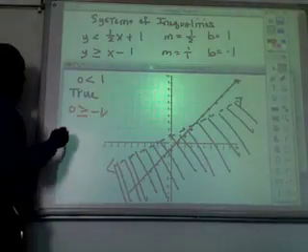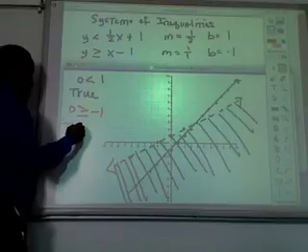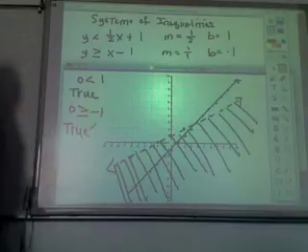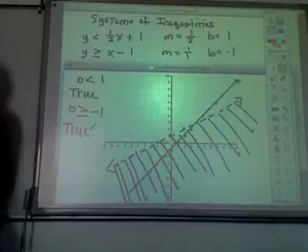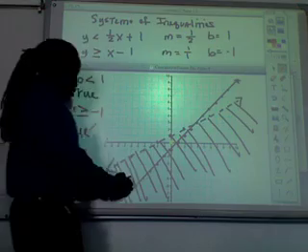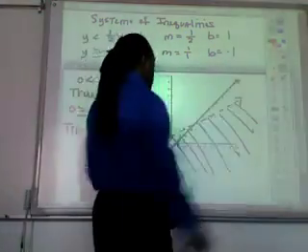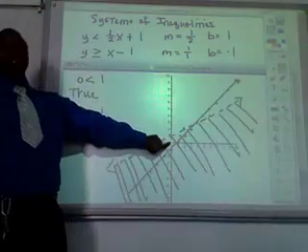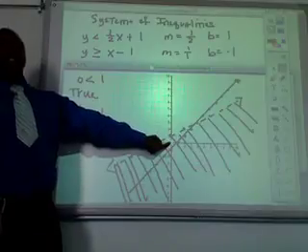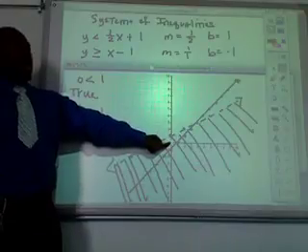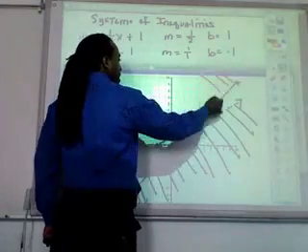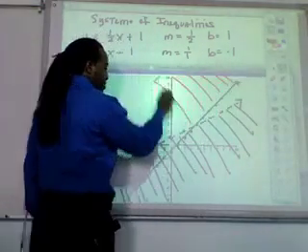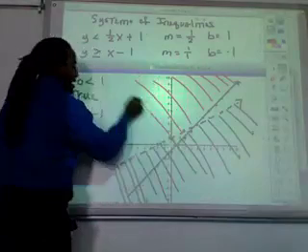Yes, so this is also true. Again, when it tests true, I shade where my test point is located. My test point is located here, so I would shade above, everything above my solid line.